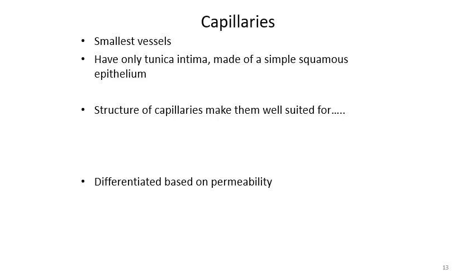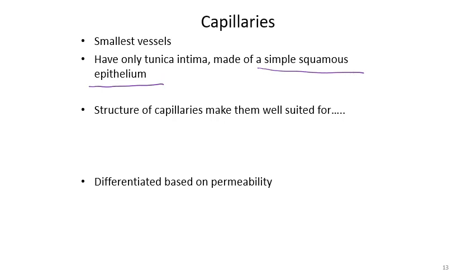Capillaries then are the tiny, tiny blood vessels. They have only a tunica intima, which is that inner tunic, and it is a simple squamous epithelium, which means it is one layer of flat cells. Very easy to cross.